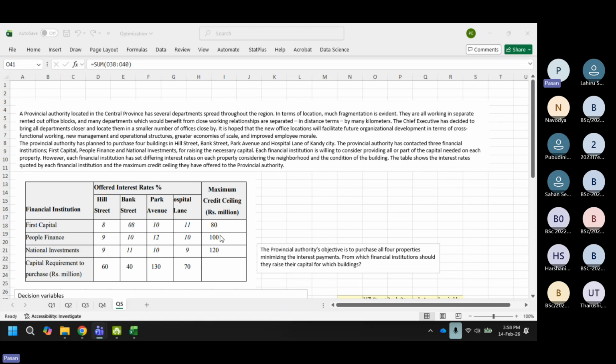The next question is: what are the other variables that we need to define here?